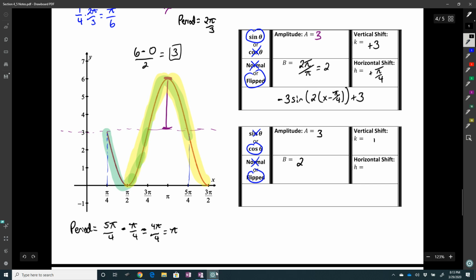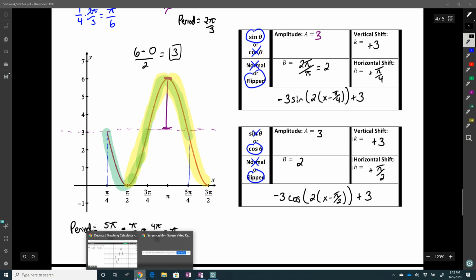The vertical shift is still plus 3. All that changed is the horizontal shift is plus pi over 2. And so my graph for this one would be negative 3 cosine of 2 parentheses x minus pi over 2 plus 3. So let me go ahead and graph that on Desmos.